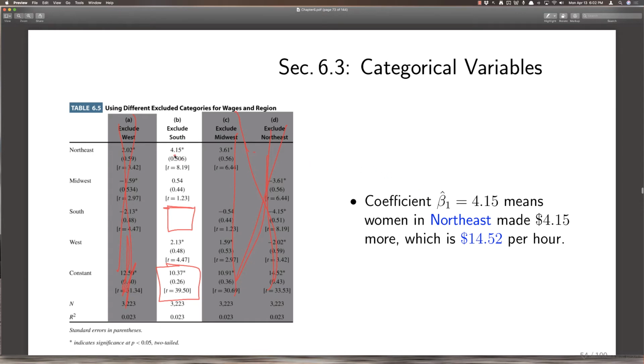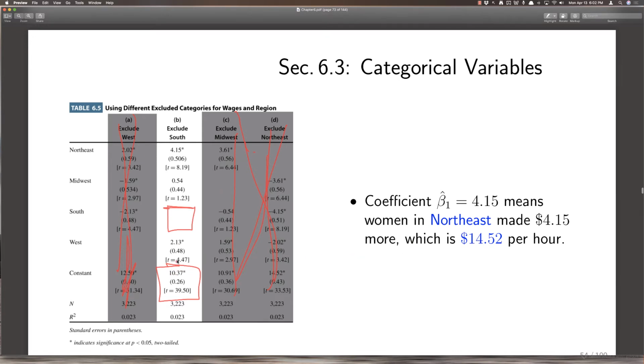So how do I interpret it? We always interpret these sets of dummy variables, the betas on them, as the difference between the group that gets a 1 for this variable and the omitted group, which is women in the South. So 4.15 means women in the Northeast make $4.15 more than women in the South, which is $14.52.